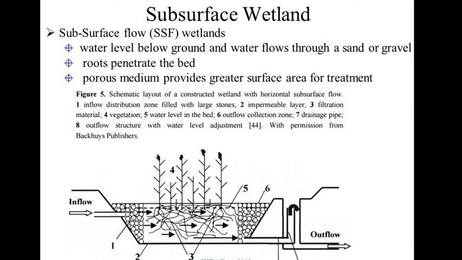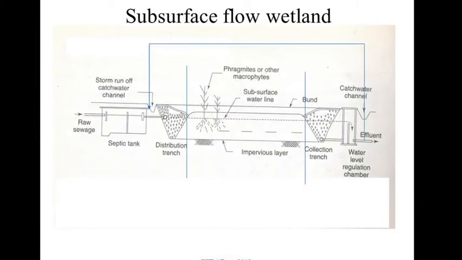Next, second, the impermeable layer. Third, the filtration material. Fourth, the vegetation, that is the wetland plants. Next, the water level in the bed. Next, the outflow collection zone and the drainage pipe for collection of the treated water. Okay, so these are the various parts of the subsurface wetland. Subsurface flow, you can see.